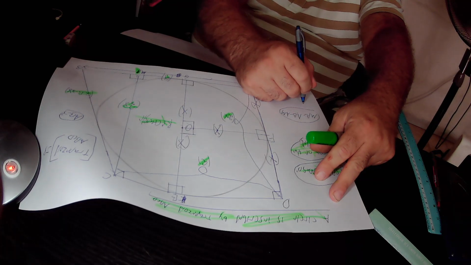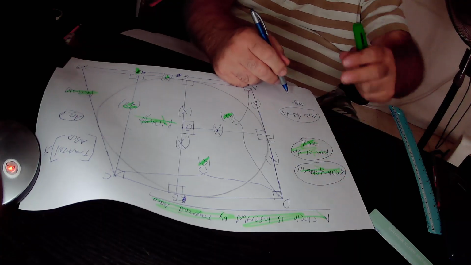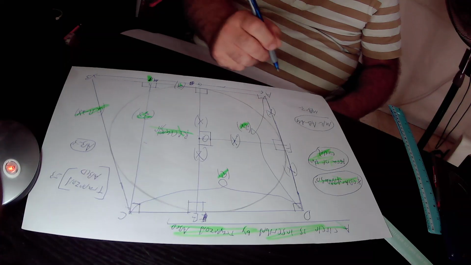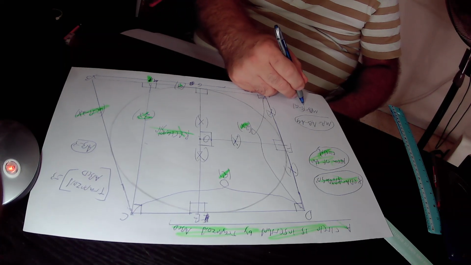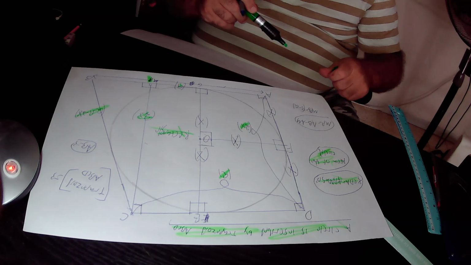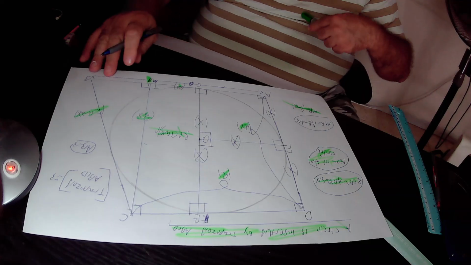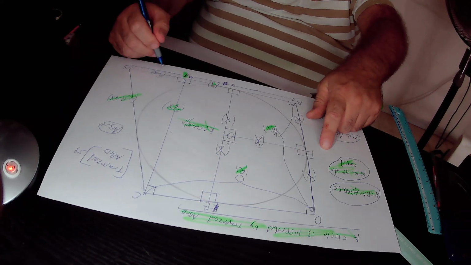So MB equals AB. AB is 3 according to what is given in the question, minus AM. AM is a. So in total, we find that the missing line segment MB is equal to 3 minus a units in its length.